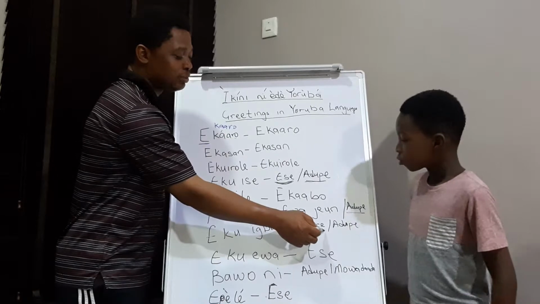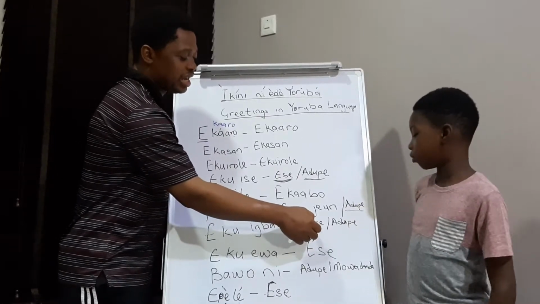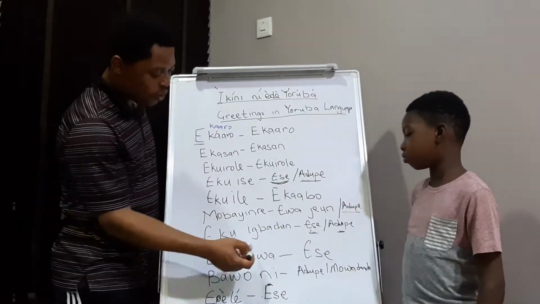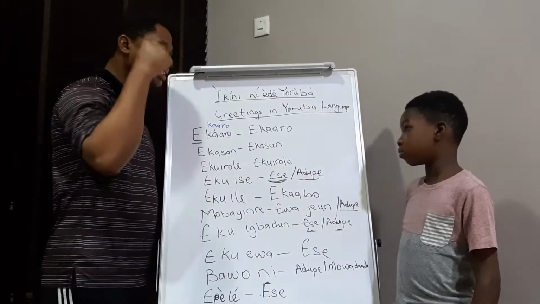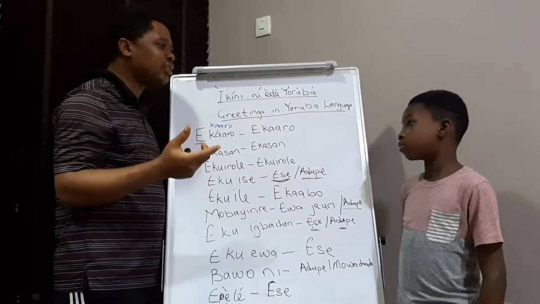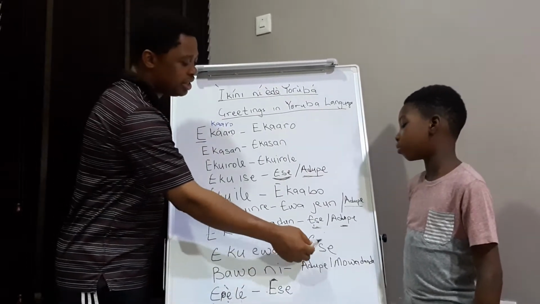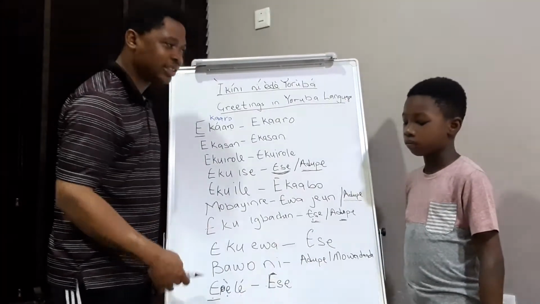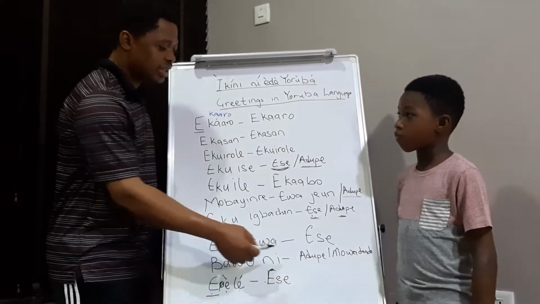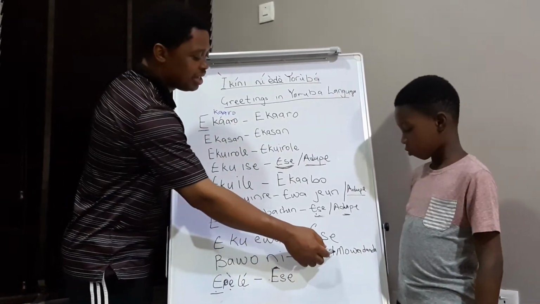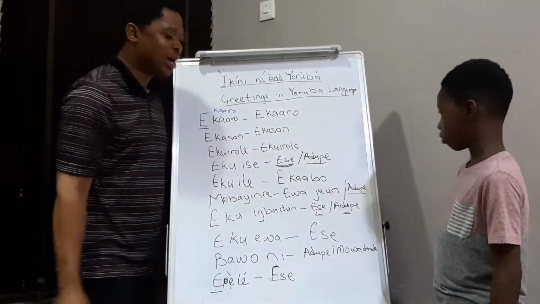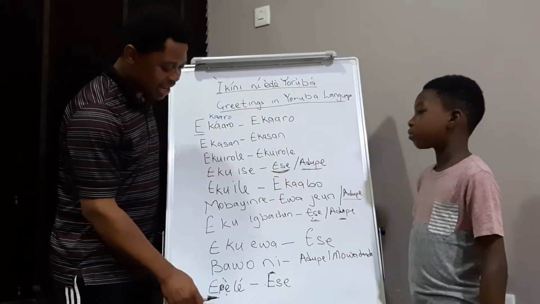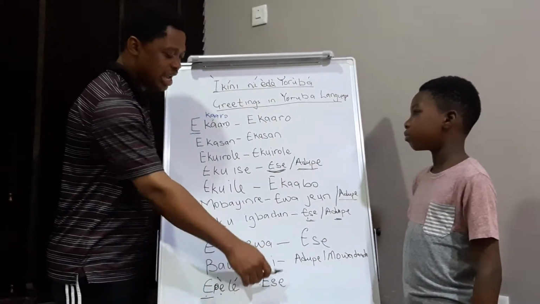So the response would be ẹ ṣé tàbí adúpẹ́. Ẹ kú ẹwà is for someone making her hair, usually used by ladies. So the response could be ẹ ṣé tàbí adúpẹ́. You also go báwo ni, how's it going, how you doing, hi. Adúpẹ́ tàbí mo wà dáadáa. Sọ pé mo wà dáadáa. Mo wà dáadáa. Then ẹ pẹ̀lẹ́, the response is ẹ ṣé.